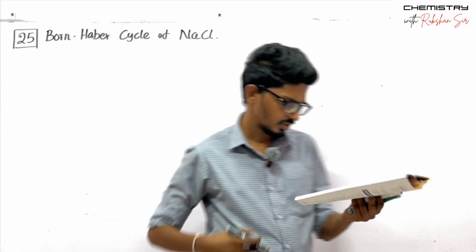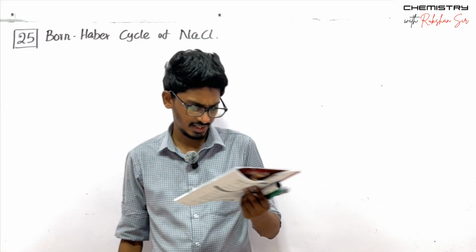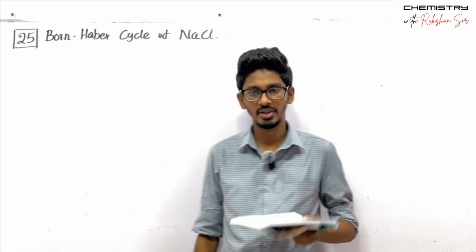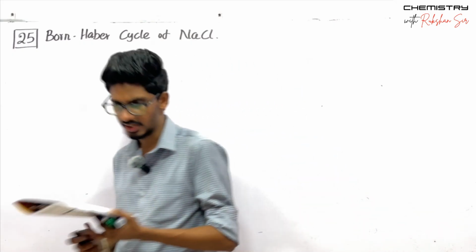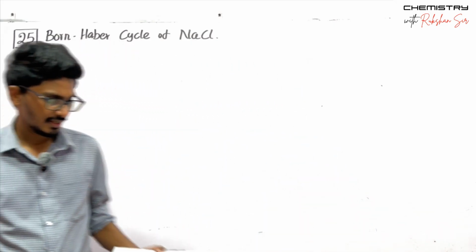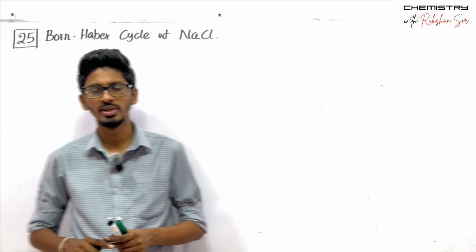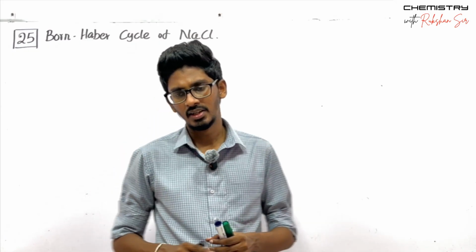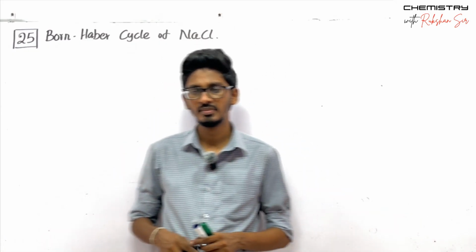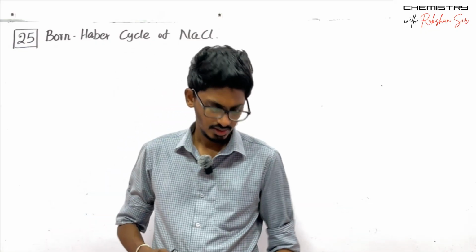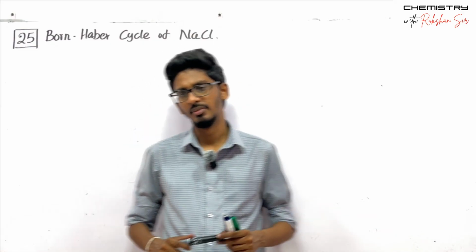So they are asking which is not present in the Born-Haber cycle. Let's come up with the answers here. I'll draw the Born-Haber cycle, and then let's see which are not present there. Very clear, the answer is number 1.